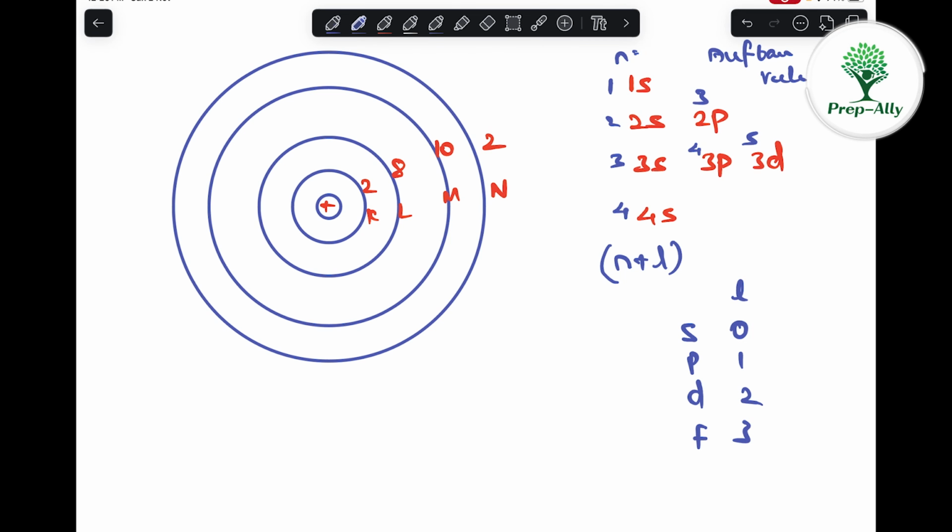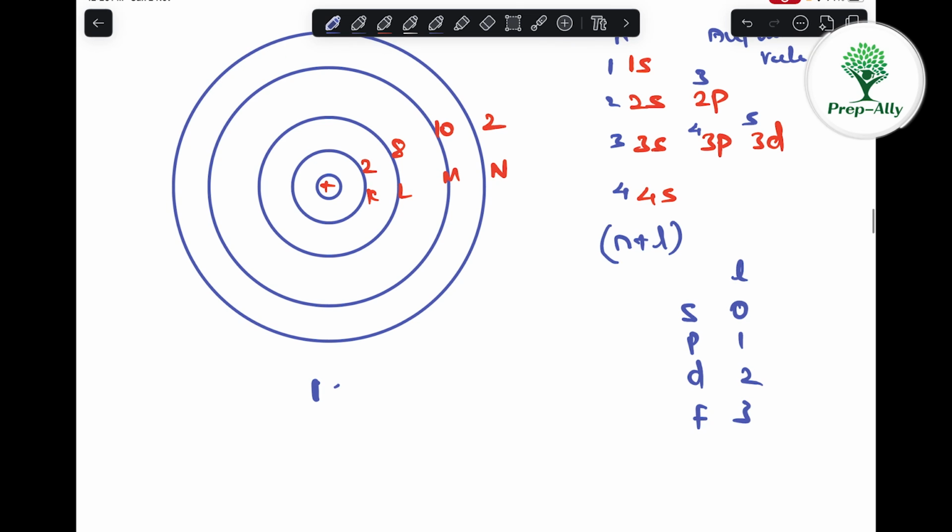So how will you fill this actually? You will fill 1 electron in 1s2 and the second electron in 2s2 and the third electron in 2p, and all the electrons you can fill until you are getting 22. In the fourth main shell you have to fill 4s first because its energy is less compared to 3d.